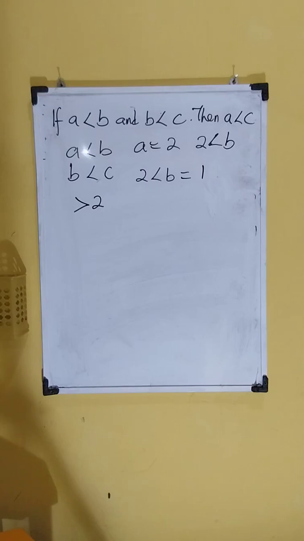For example, let's say A is 2, then B is 4, then C is, let's say, C. Please help me to indicate it so that we will get it clear.